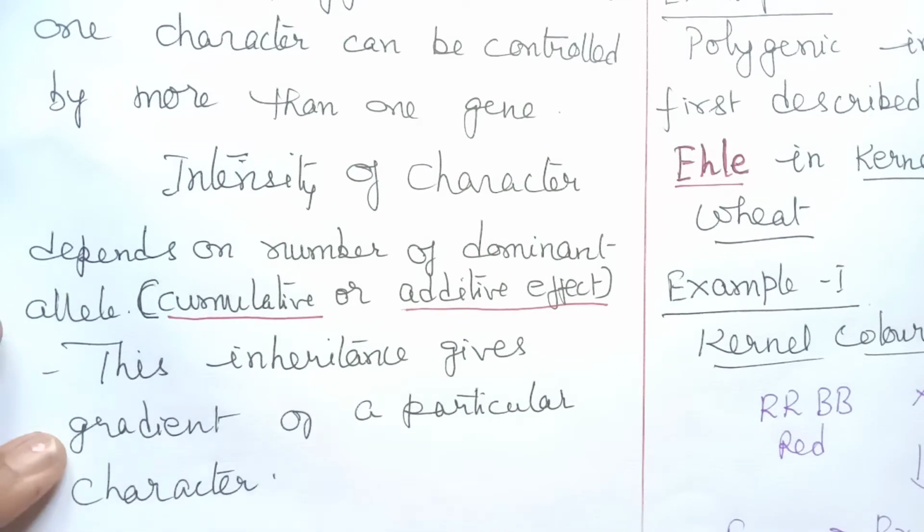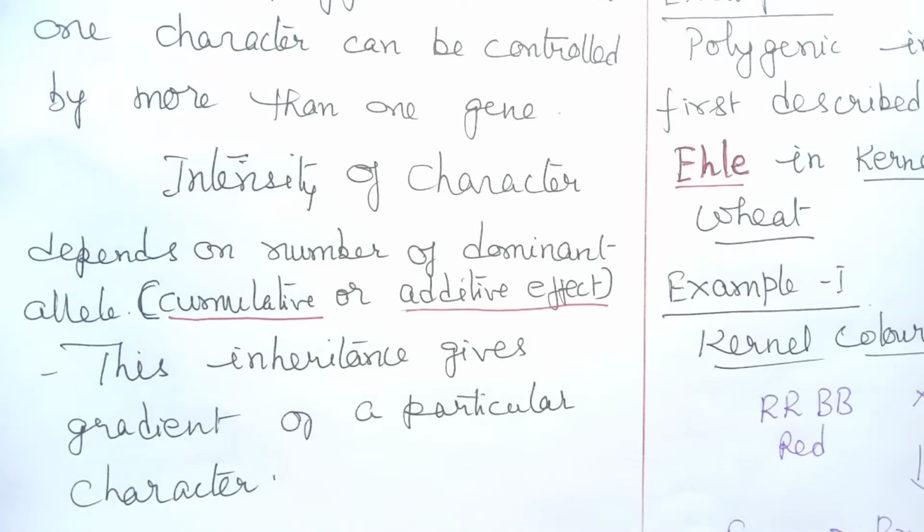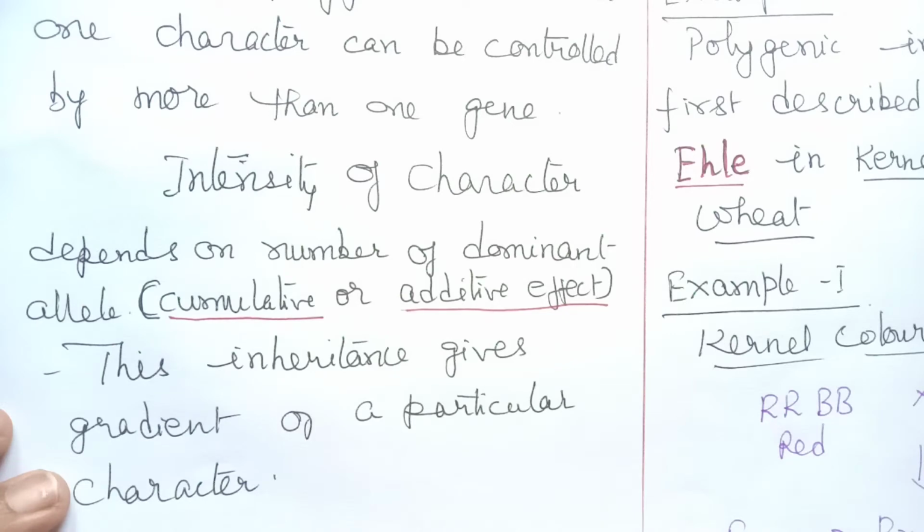The meaning of gradient of expression is not just two phenotypes like dominant or recessive, or say very tall or very dwarf, like we can find in Mendel's. Not just two phenotypes but a range of phenotypes we can expect.